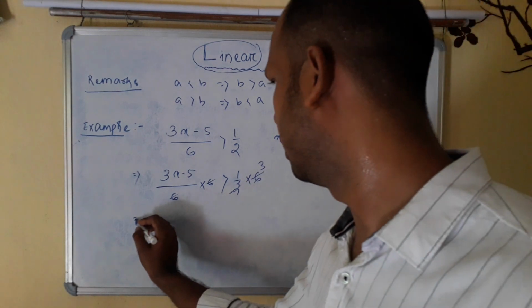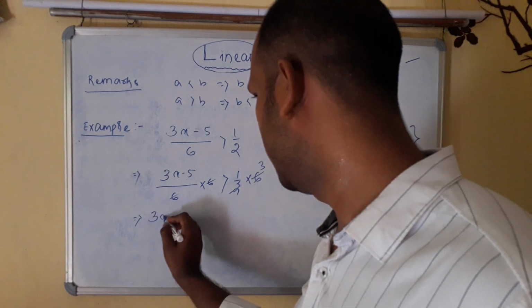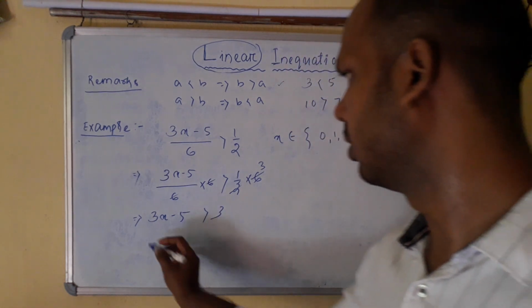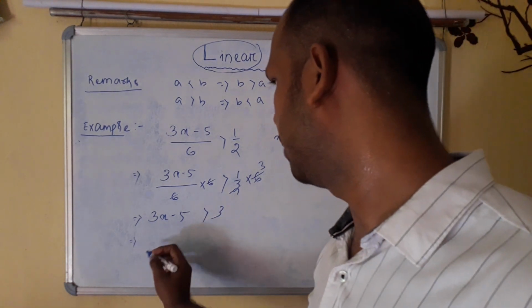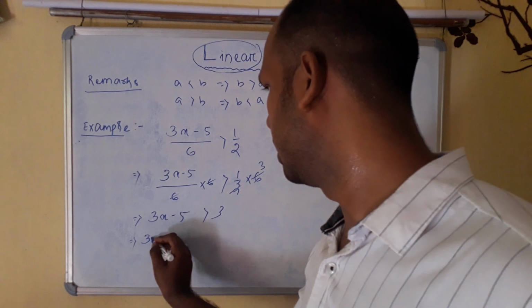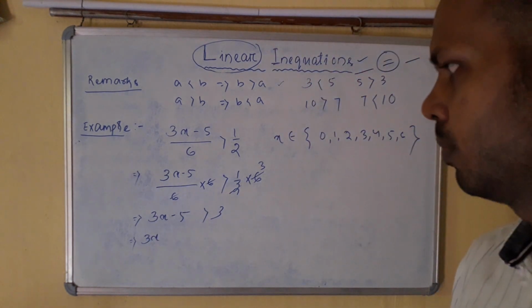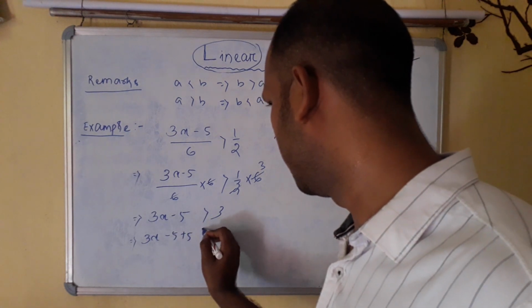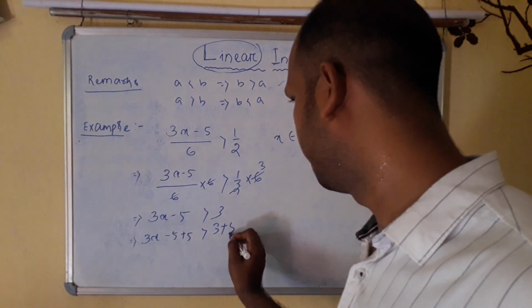I can write here 3x minus 5 greater than 3. Now if I add 5 on both sides, 3x minus 5 plus 5 will be 0, so I write plus 5 greater than 3 plus 5.